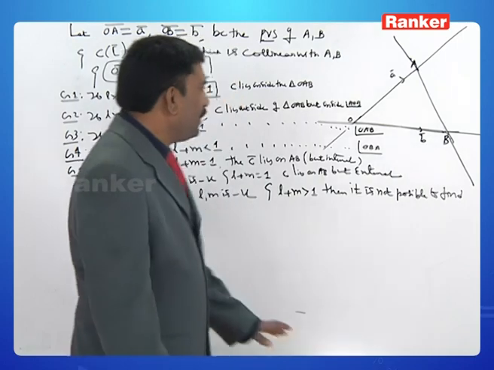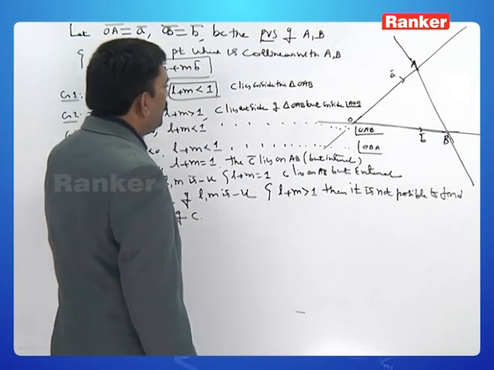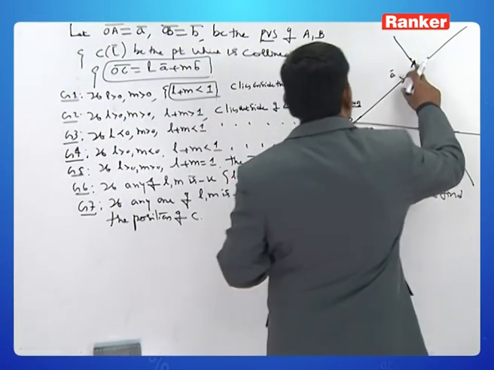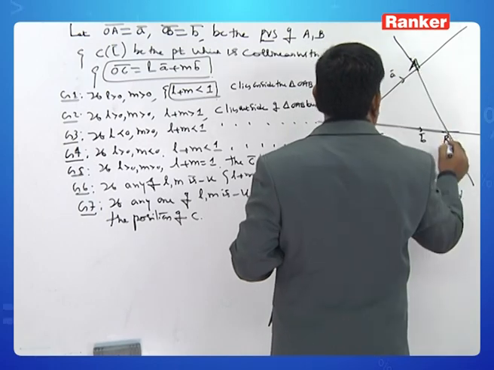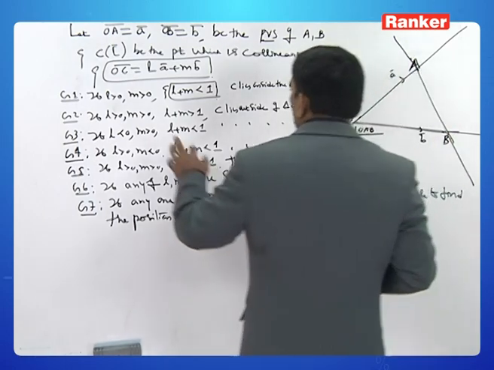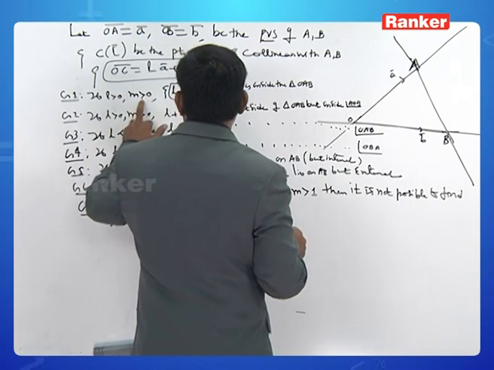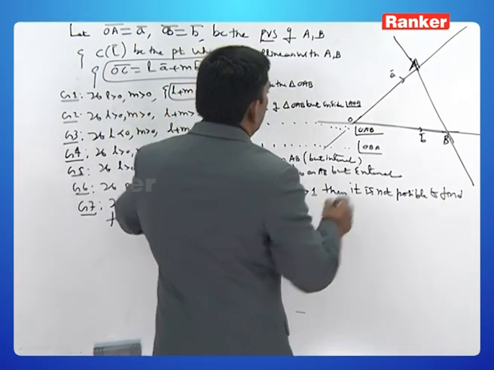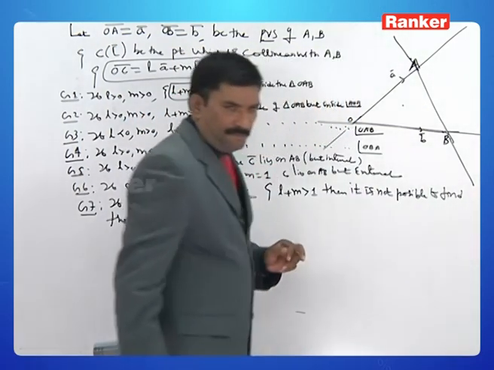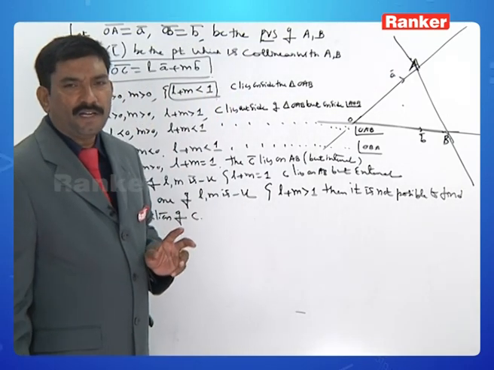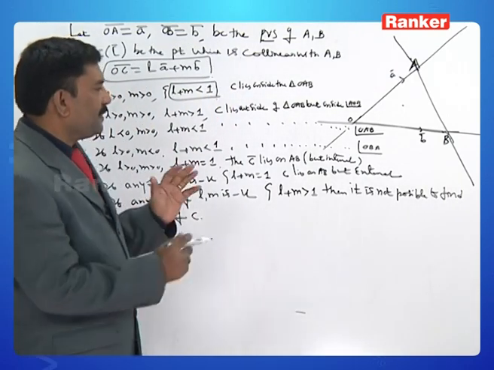So therefore, now I have taken this is A, this is B. Now, if L greater than 0, M greater than 0, L plus M less than 1, C is inside. I will give the example at present.